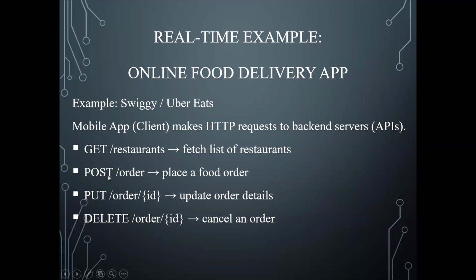POST can be used to place an order for food in this app. Next, PUT is the method that can update existing details, so based on the ID of this order, we update the existing records. Then DELETE, we can cancel an order based on the ID of the food we have ordered.